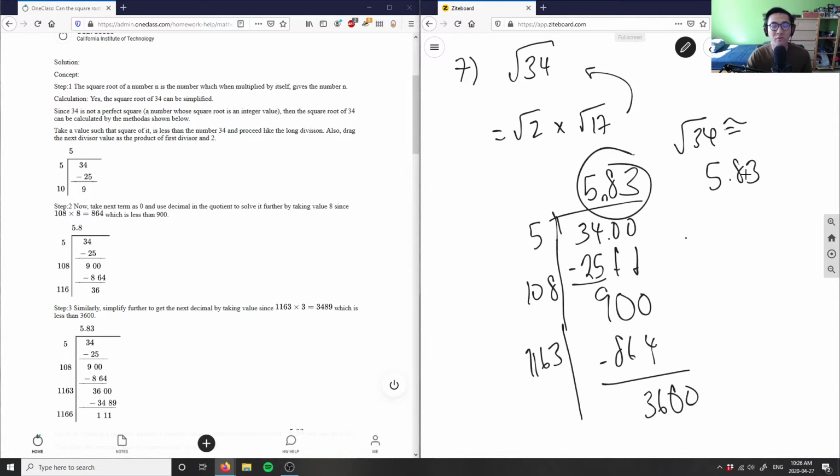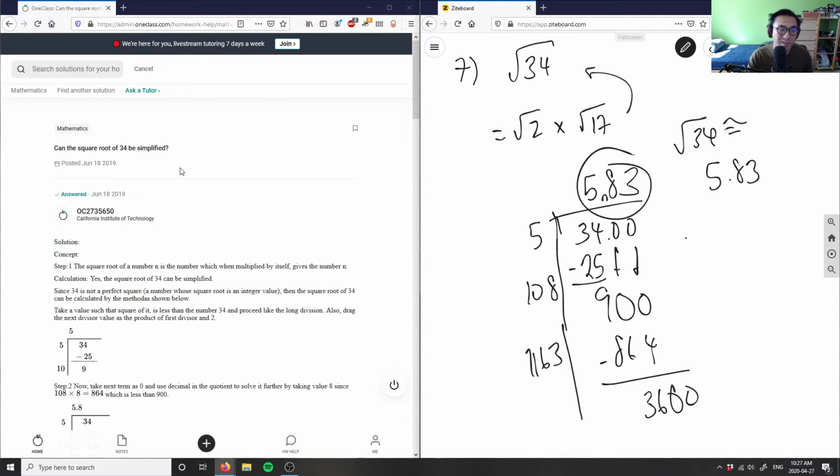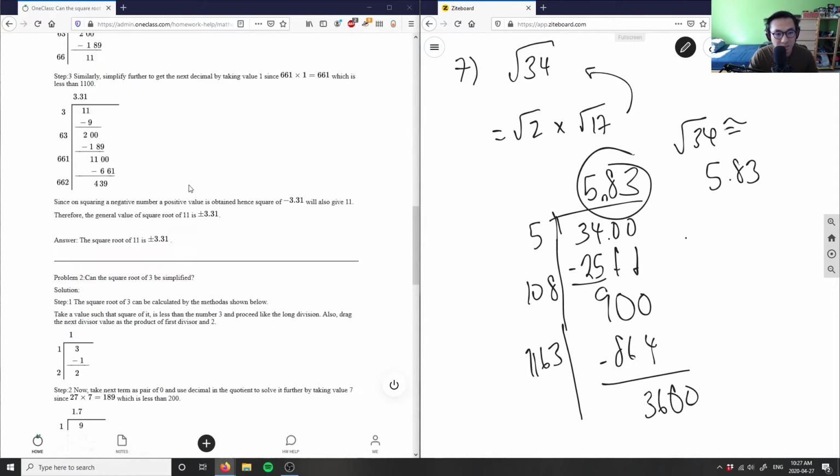So this here, if you were to approximate square roots, I would get something like this. However, the question was asking us, can the square root of 34 be simplified? So in this case, I would write just simply no here.